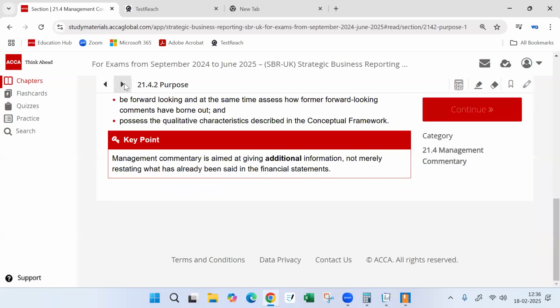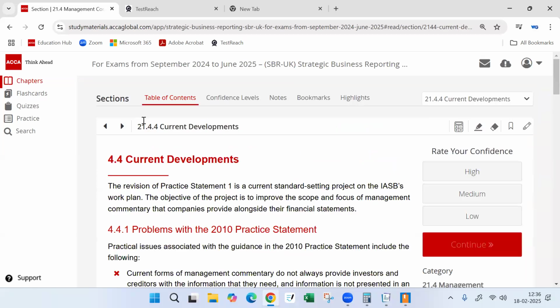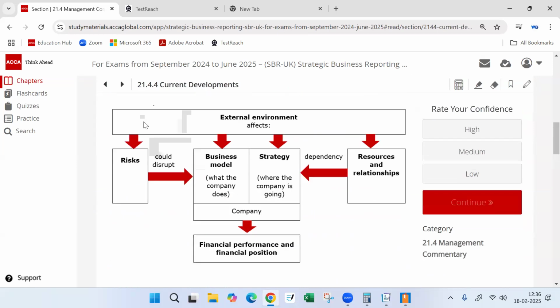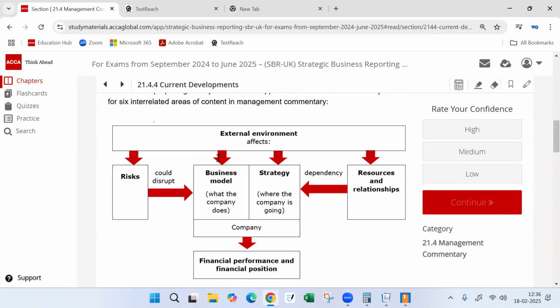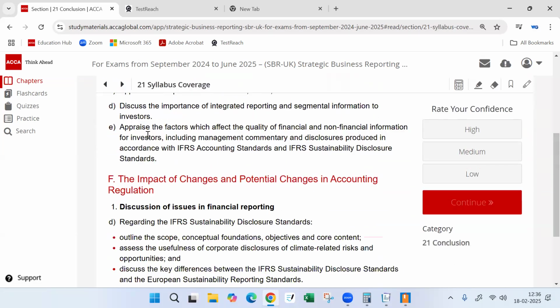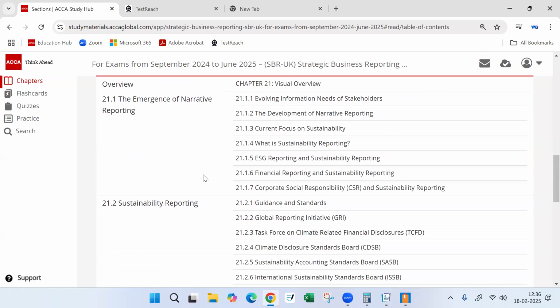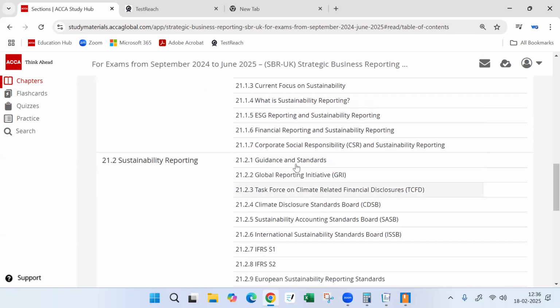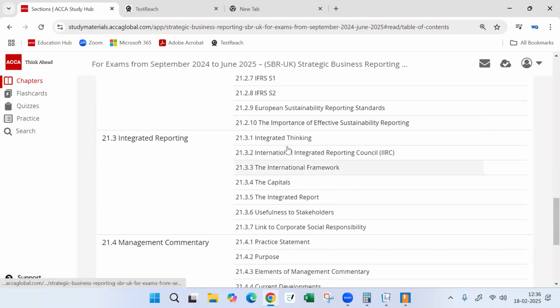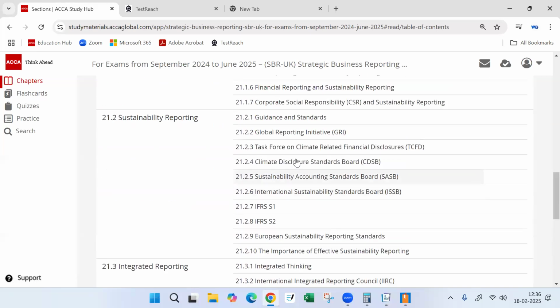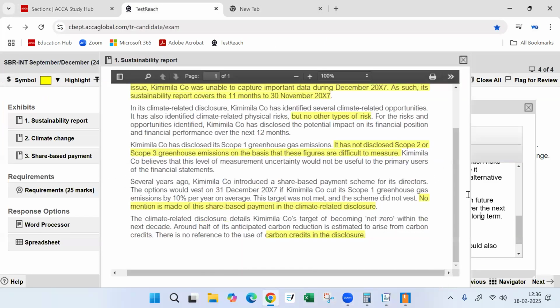They are not mentioning anything specific to greenhouse gas emissions. Sustainability reporting, GRI, CSR, integrated reporting is already mentioned. So we can just mention that they are supposed to report about it, because there's no other information mentioned, right? I don't want to give data which is not there for your exam.